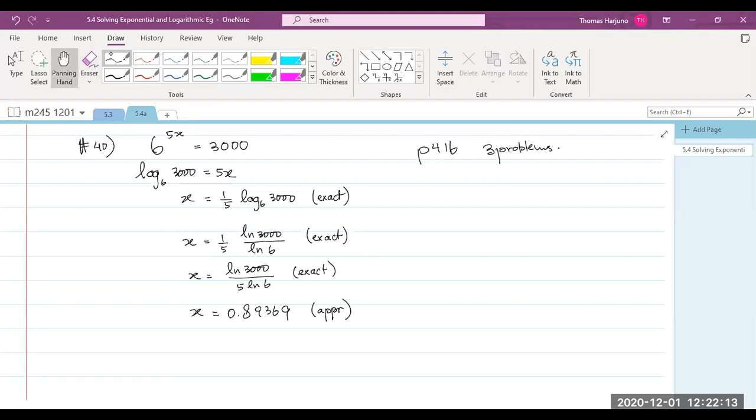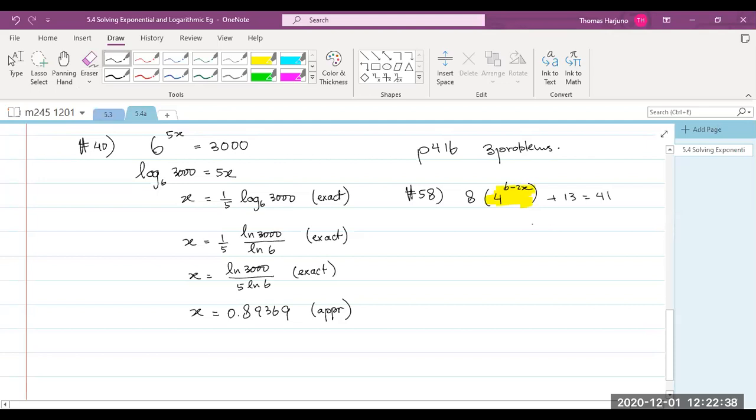Okay, I do number 58 first. If you make no choice, I do number 58 first. Number 58: 8 times 4 to the 6 minus 2x, plus 13, equals 41. Now you will see the idea is to isolate the exponential part. So I will isolate this one here.